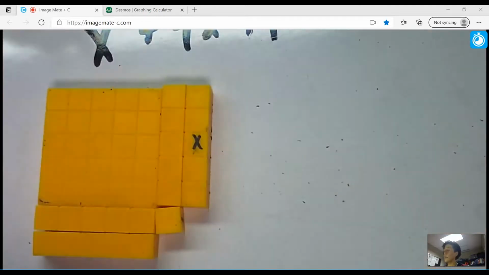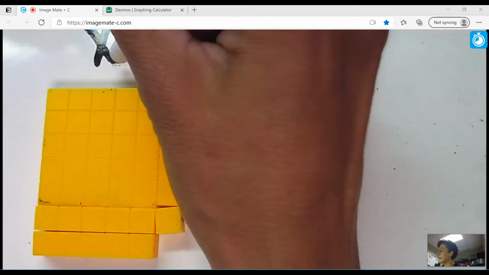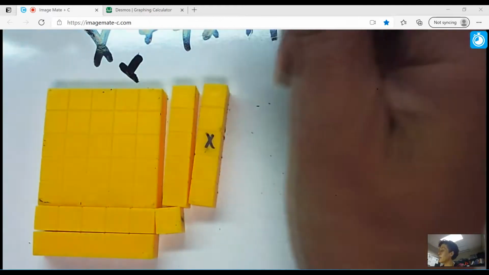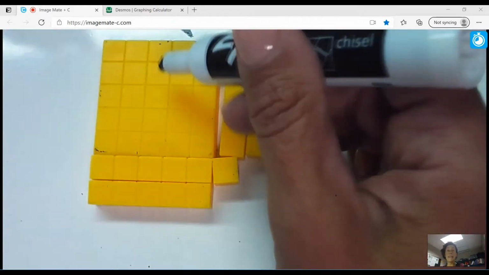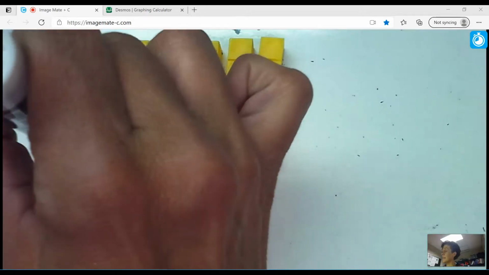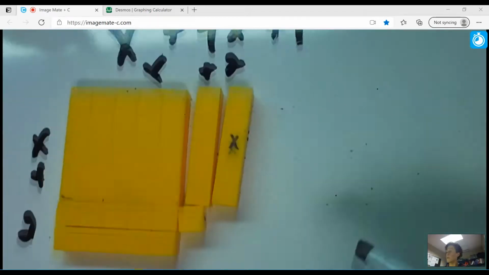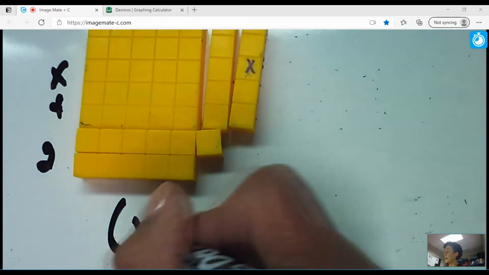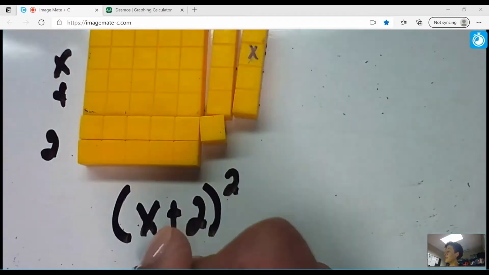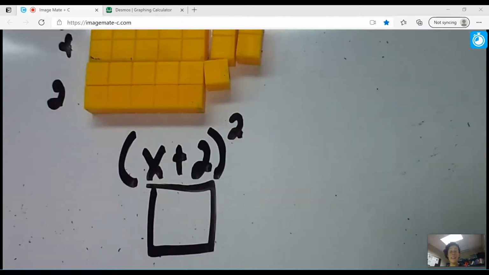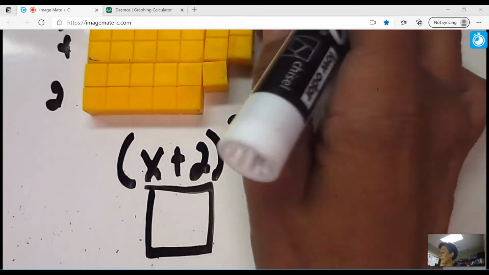So now when I describe my square, this is x plus those 2, and this is x plus these 2. So if I wrote the area, I'll do it as x plus 2 squared. So this is the full square, but it's not a full square. It's actually missing something.